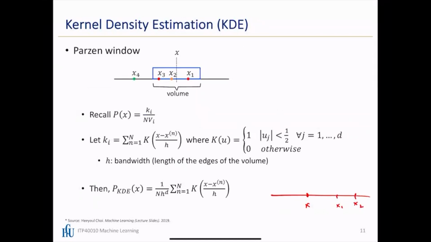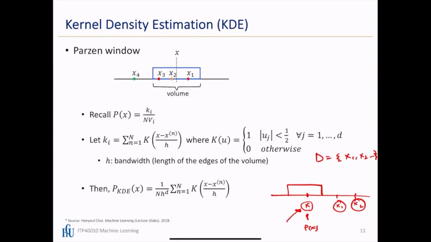You want to estimate the probability from here. In order to do that, what you want to do is put a bin around it and count the number of instances in the bin. Unfortunately, there are no instances in this region. Here, X is just representing the point where I'm estimating the probability, and X1 and X2 are actual data points.